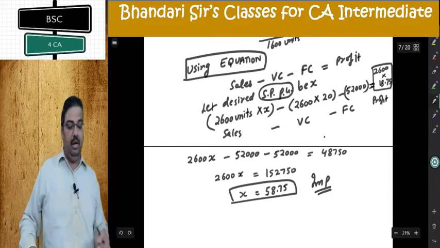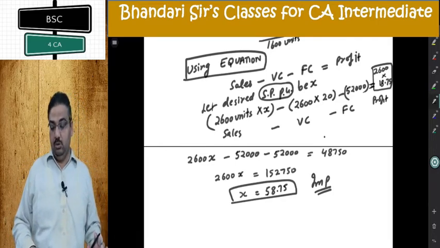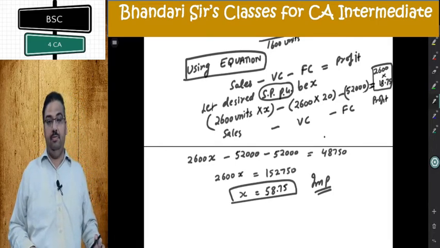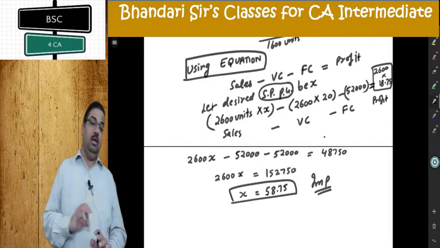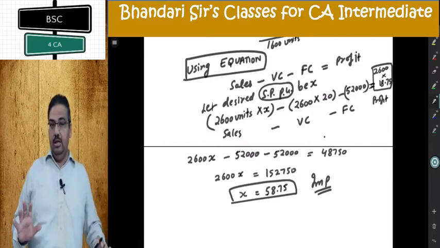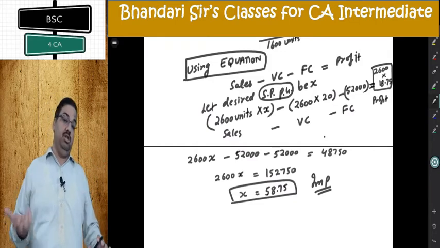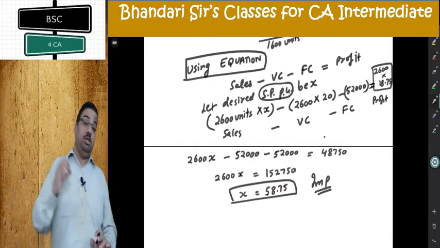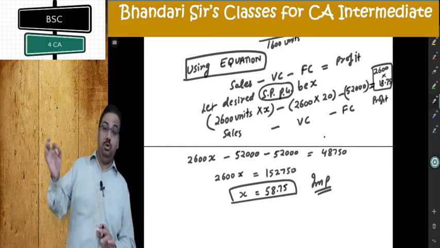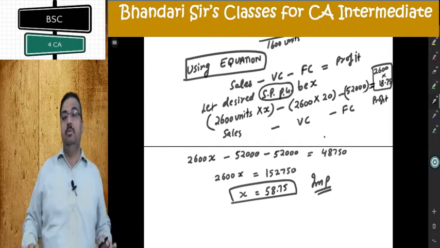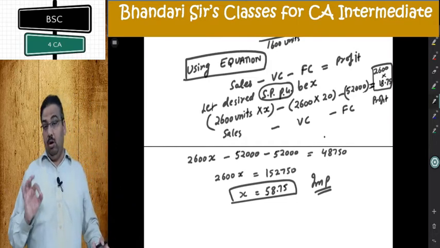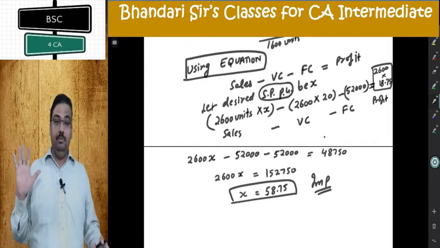This is important last part of this question. This was question A5. I hope it is clear. Nothing difficult, very easy. Just carefully examine the language. He wants 600 more units to be produced in addition to 2000, 2600. Variable cost per unit is constant at 20.